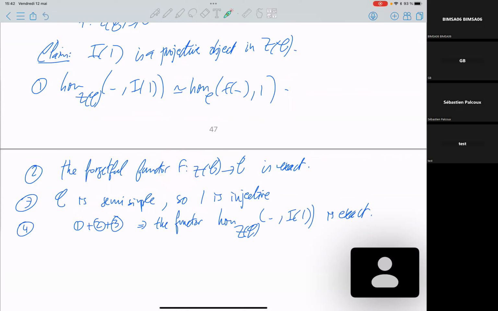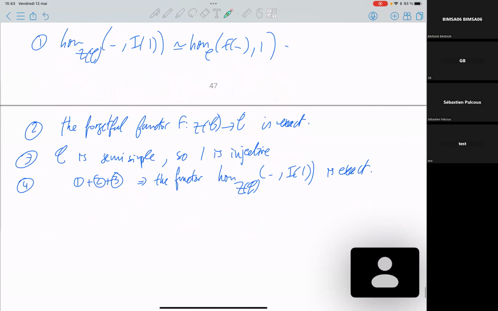So this is an exact functor. So we deduce that I1 is injective.